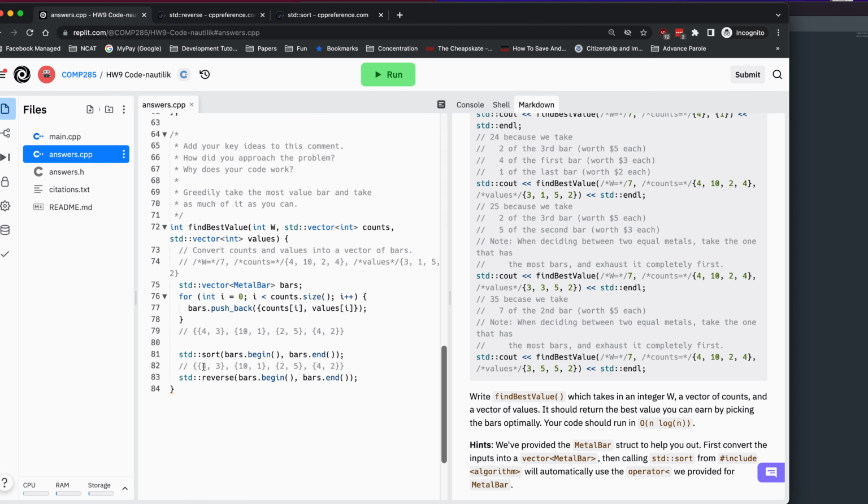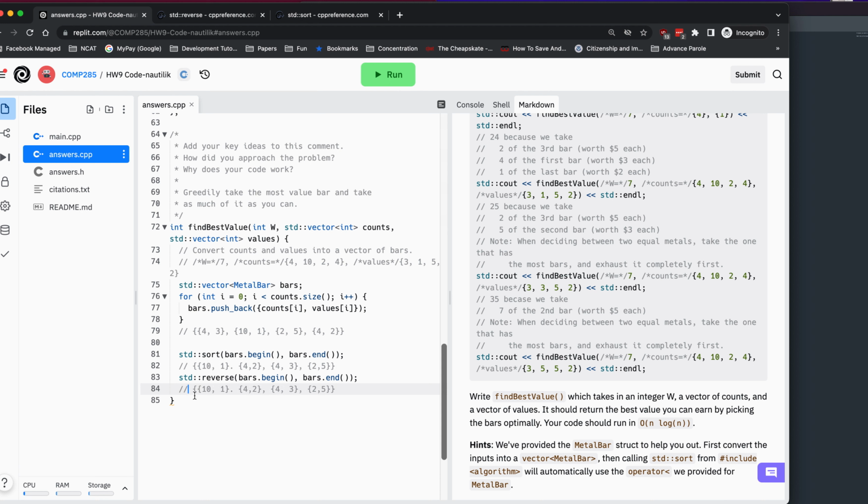So the cheapest, the least valuable one is actually the 10, 1. So it'll be first. Okay. Then we'll have the 4, 2, the next most valuable. Then we'll have the 4, 3. And finally the 2, 5. Okay. And then afterwards we reverse them.